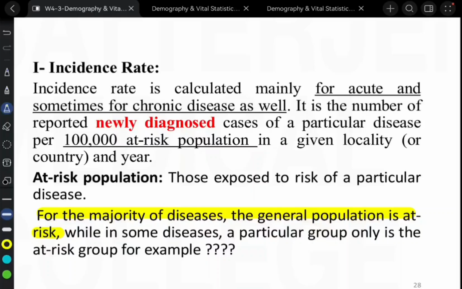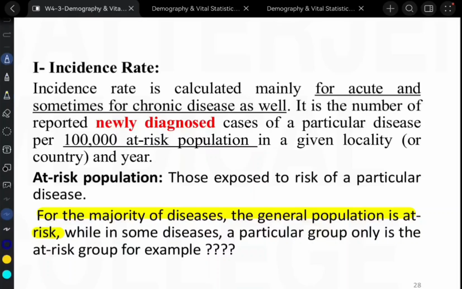But the specific groups would be, for example, a disease complicated by immunodeficiency, so anyone with HIV or AIDS will be at risk. Or, for lung cancer, the people who are smoking are the at-risk population. This is the basic example I could think of.